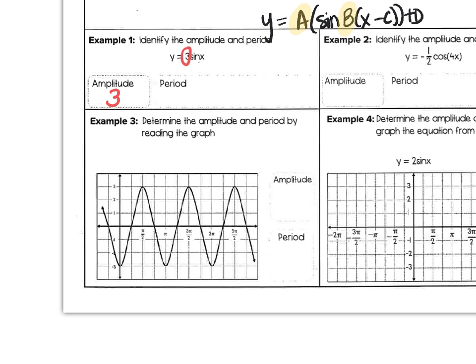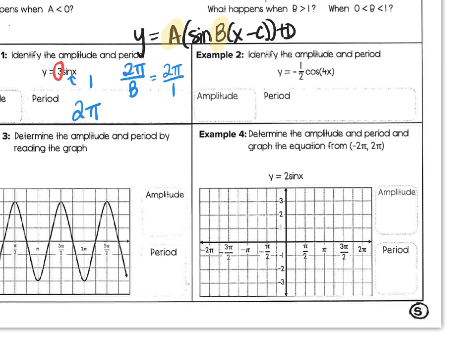So here the coefficient of x is 1. And we know that the period is 2 pi over b. So if b is 1, our period is 2 pi over 1. So the period is still 2 pi. We have no change in the period from the parent function. We just have a vertical stretch because it's getting taller. Now the amplitude is 3.